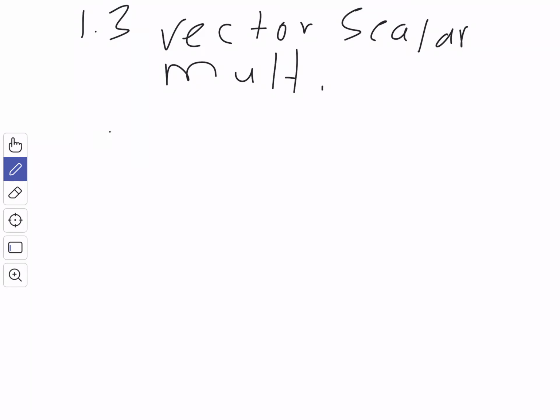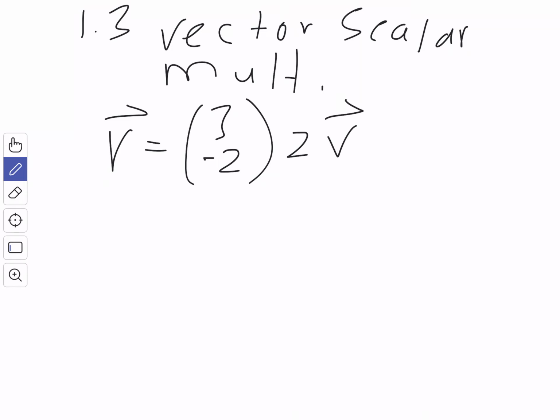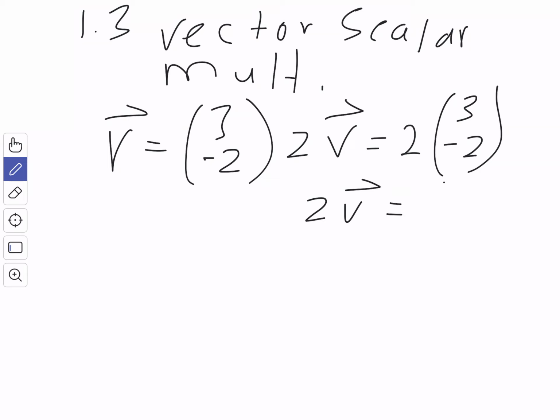Say we have a vector v that's 3, negative 2. 2v would be 2 times that vector. So that 2v is going to be equivalent to 6, negative 4.